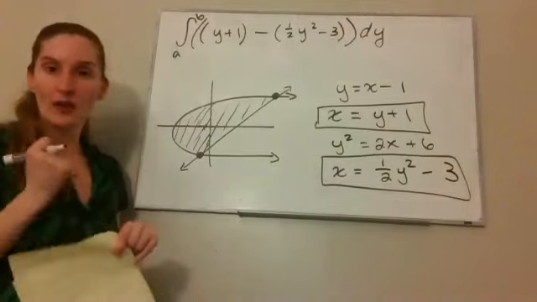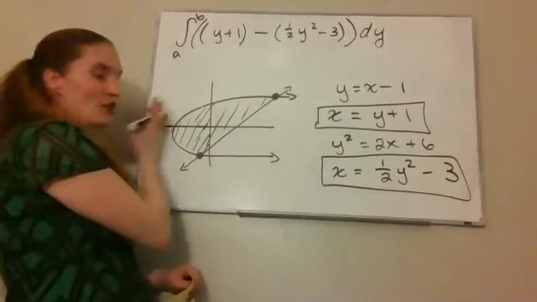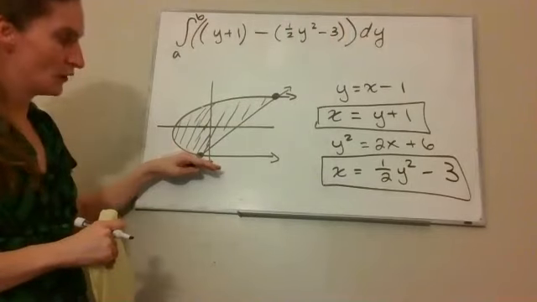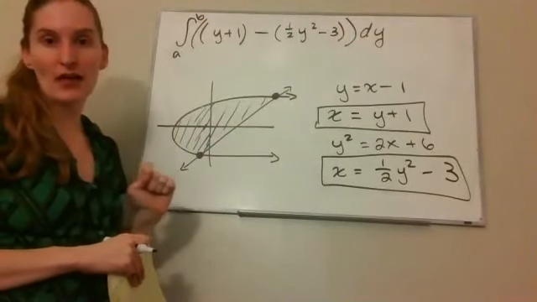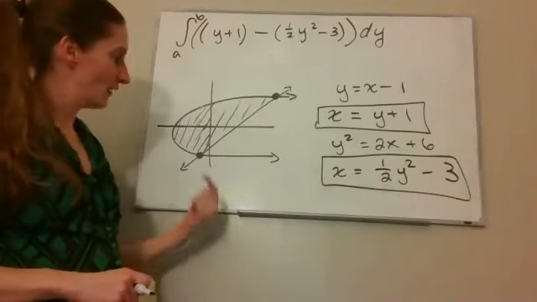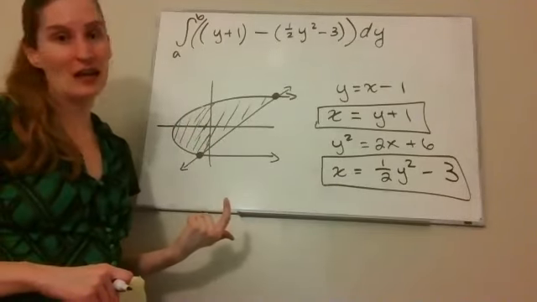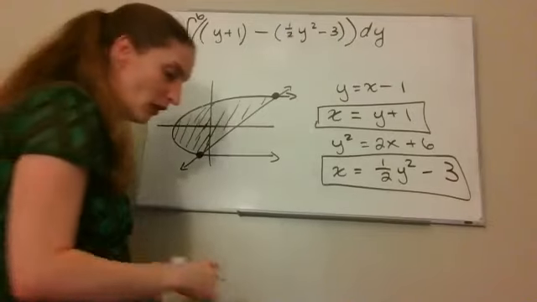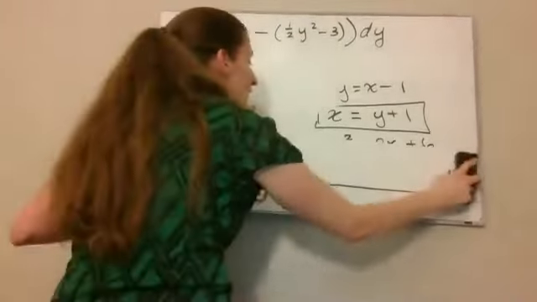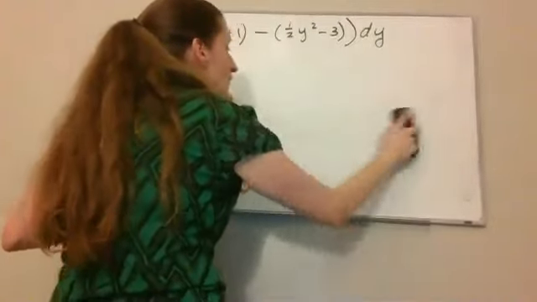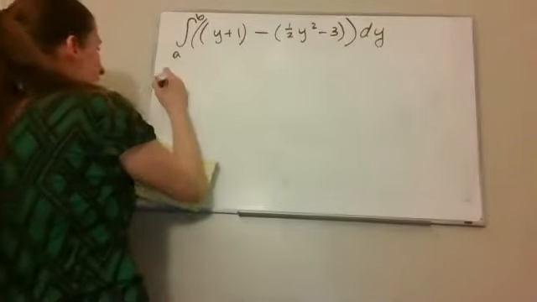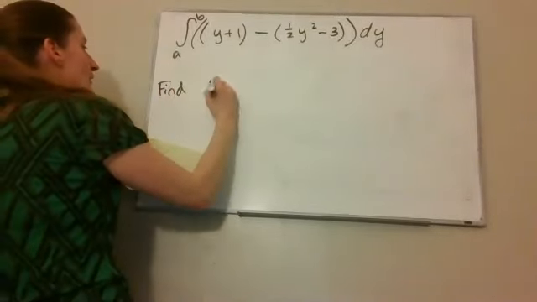So that's the general idea. Right function minus left function, and we're going to integrate it from the lowest y value to the highest y value. So first, we need to find those y values, because from this graph right here, it's not clear what those y values are. To find those y values for our bounds, we have to set our two equations equal to each other. So let's find our bounds of integration.